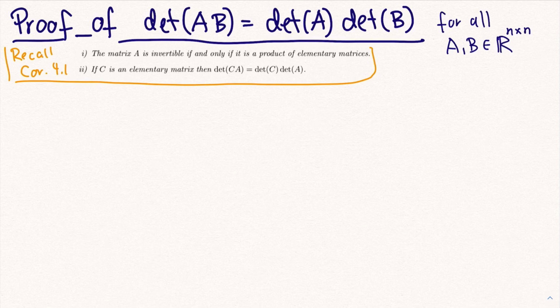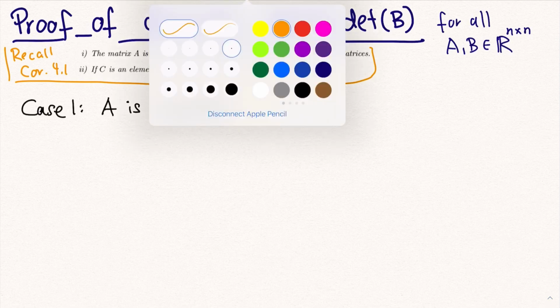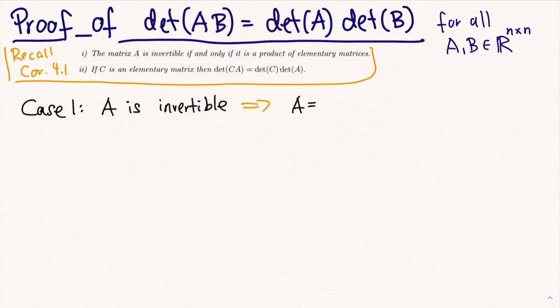So case 1, A is invertible. Then we see by this corollary that A can be written as a product of elementary matrices.